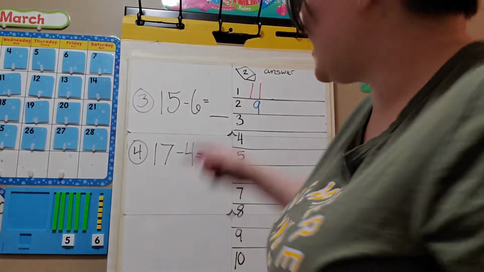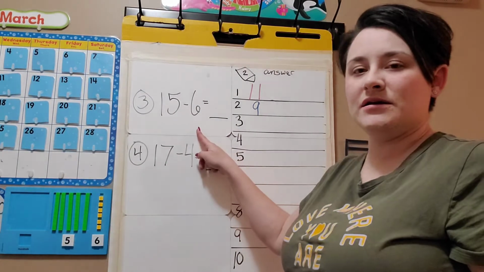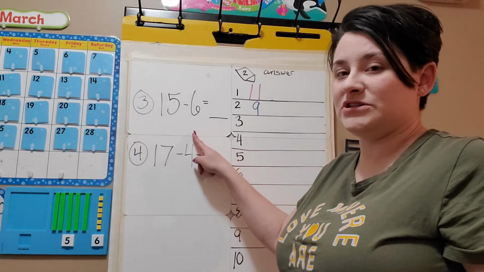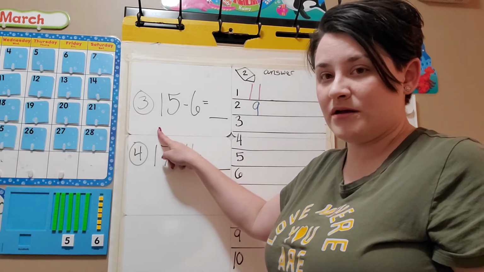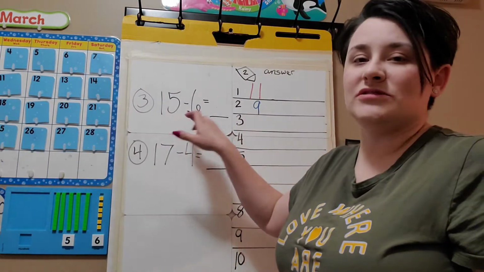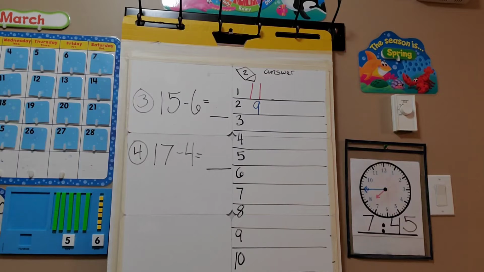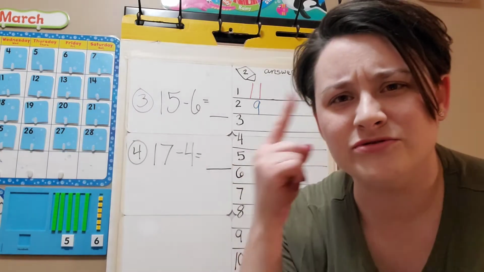So when we're subtracting, we're starting with the larger number and counting back the smaller digit. Or you can start at the smaller digit and count up to the bigger one. I'm going to give you a minute to take your time and to solve number 3 and number 4. And remember, when you're solving these problems, you're looking for a number that you don't know.